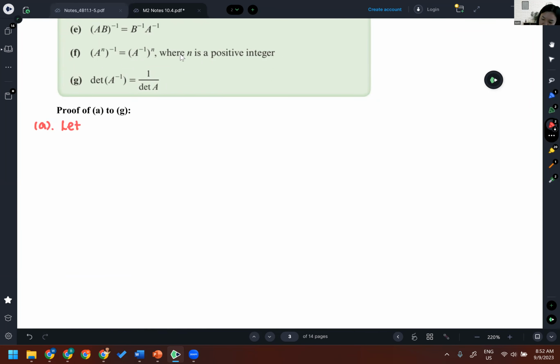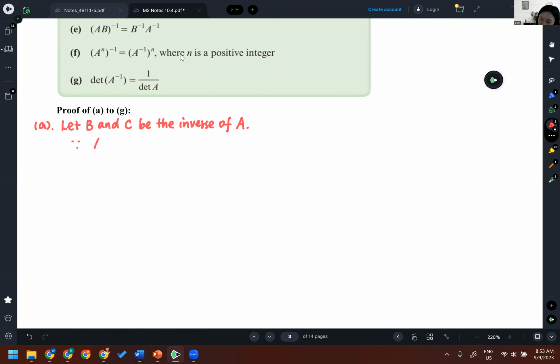Let B and C be the inverse of A. To prove something is unique, I will assume that there are two. Suppose it's not unique.